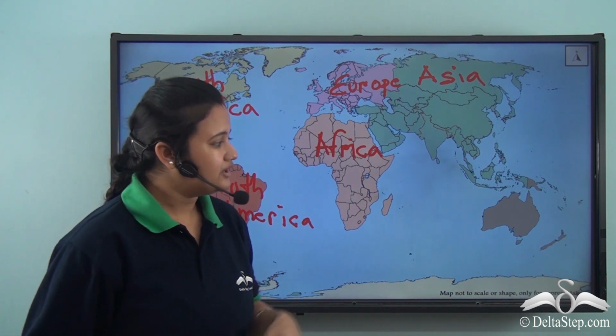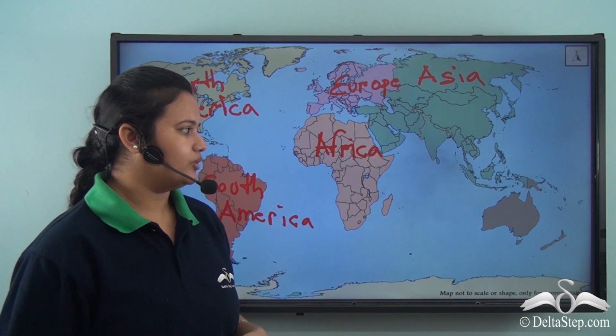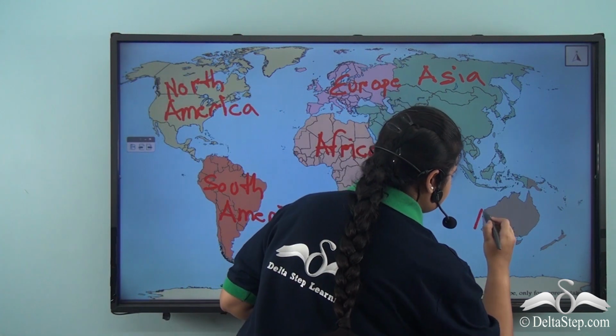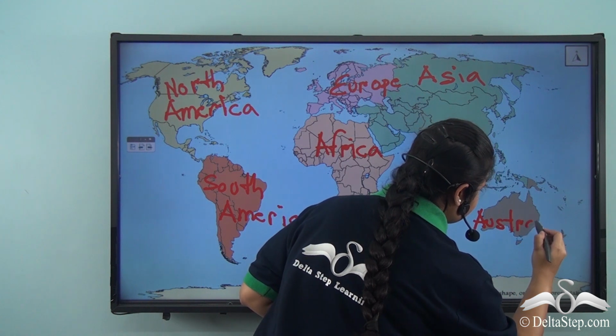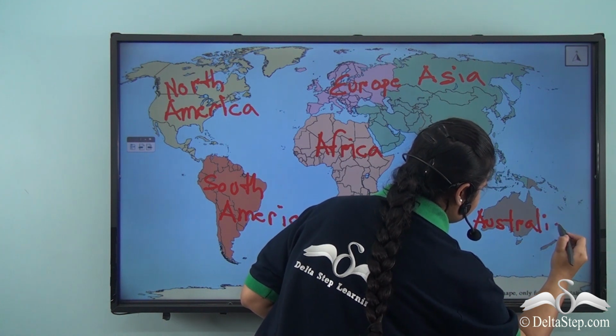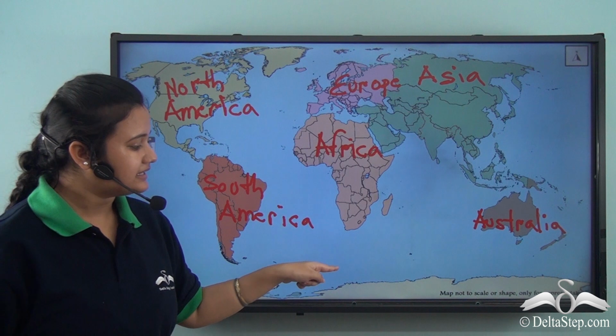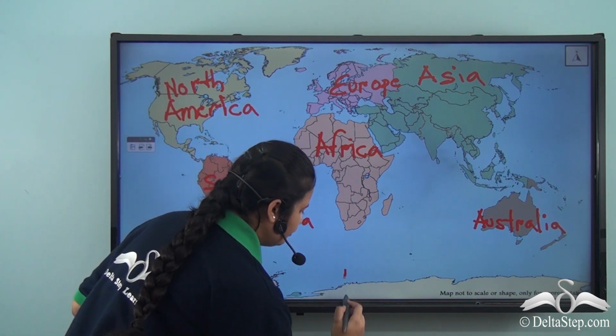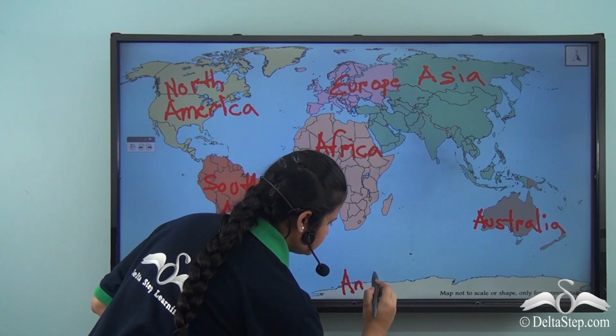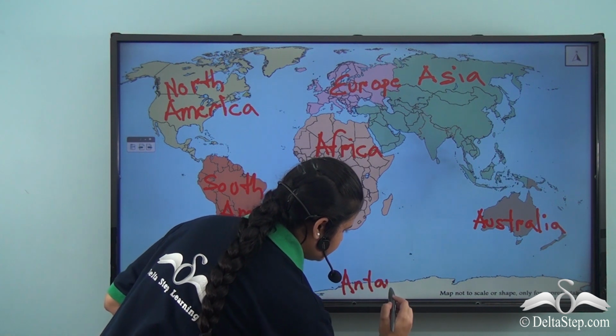And the smallest continent of the world is Australia. This is Australia. Now, at the southernmost tip of the world, we have the continent of Antarctica. So, this is the continent of Antarctica.